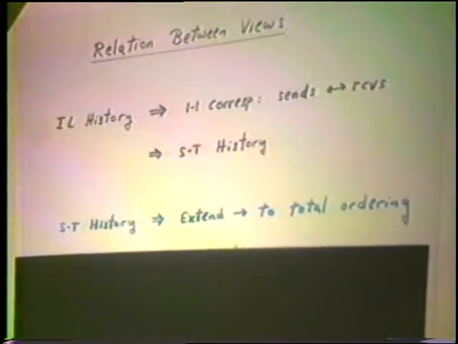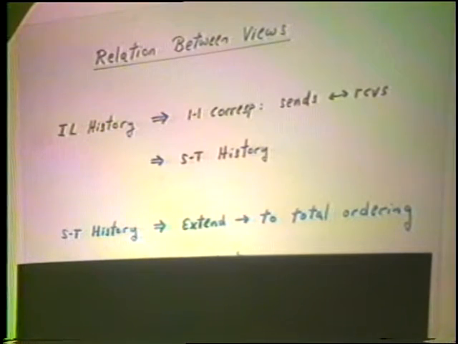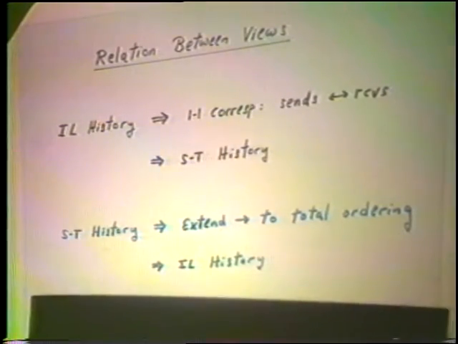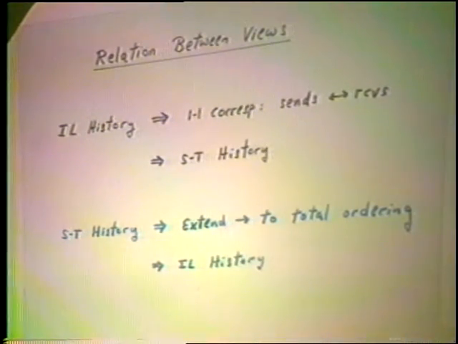That gives us a total ordering of the events. We can then take those events, total order them, and decide, does that total ordering give us a consistent set of global states? And in fact, the answer is yes. So that gives us an interleaving history.